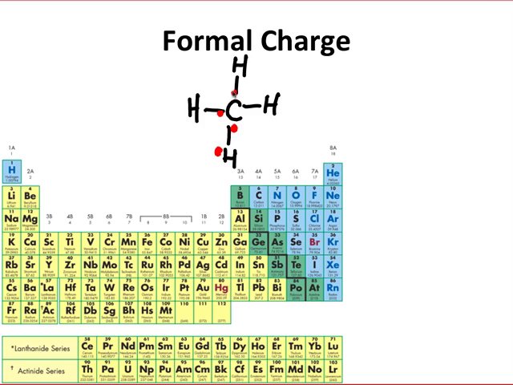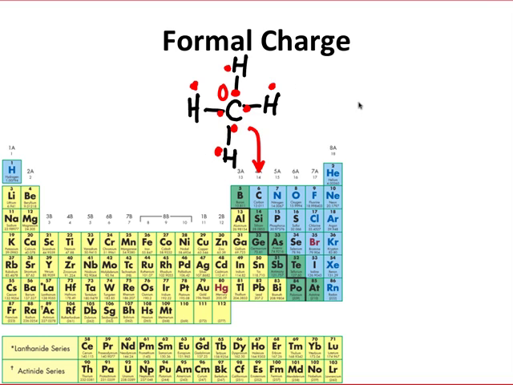We then count the number of electrons around the atom of interest and compare that to how many electrons we would expect it to have based on its position in the periodic table. So for instance, in methane, the carbon has 4 electrons around it following this procedure of splitting each bond in half and giving 1 electron of each bond to carbon. Because carbon is in group 4A, we would expect it to have 4 valence electrons, and therefore this carbon has a formal charge of 0.